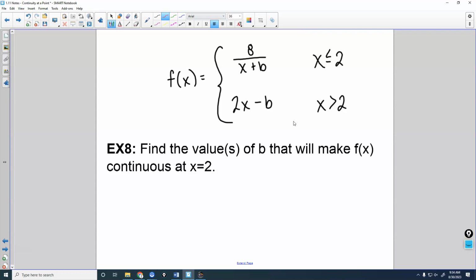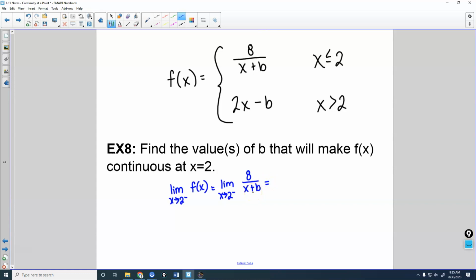So I need to do the limit as x approaches 2 from the left of f of x. Let me write this out. From the left, that would be the limit as x approaches 2 from the left of 8 over x plus b.